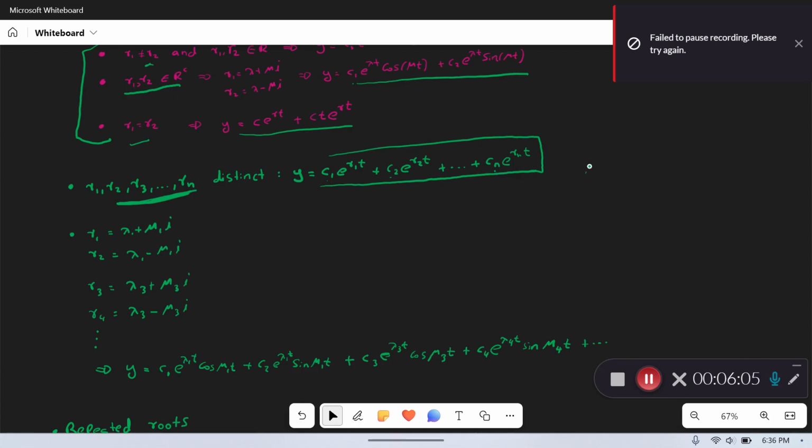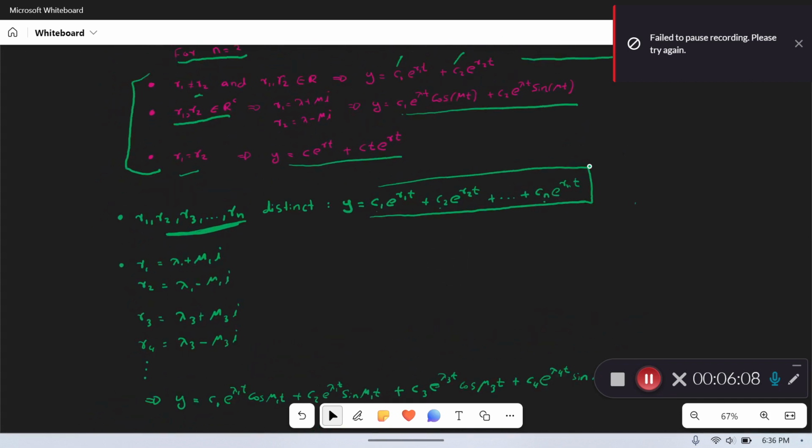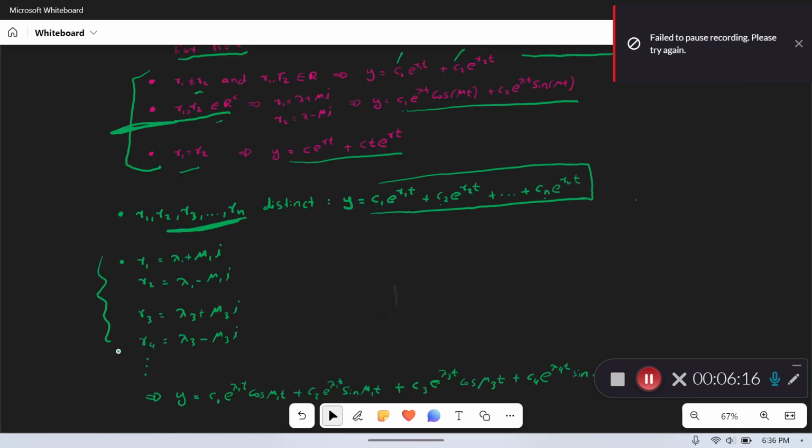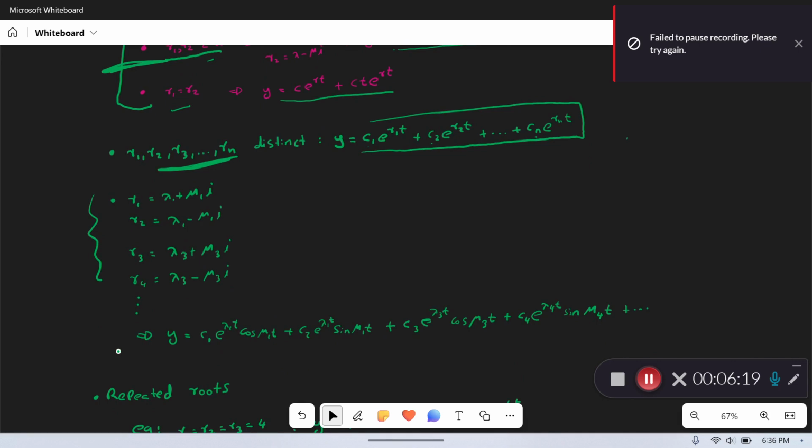Okay, right. The second point here is complex roots. In the more generalized version, if you have several complex roots, remember complex roots come as conjugate pairs. If you have one, you definitely should have the other conjugate. That's a pattern we observe in polynomials and roots. Now, if you have conjugate pairs, this is the way you write down the roots.